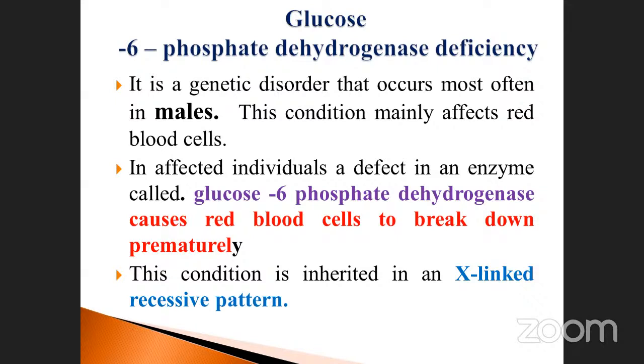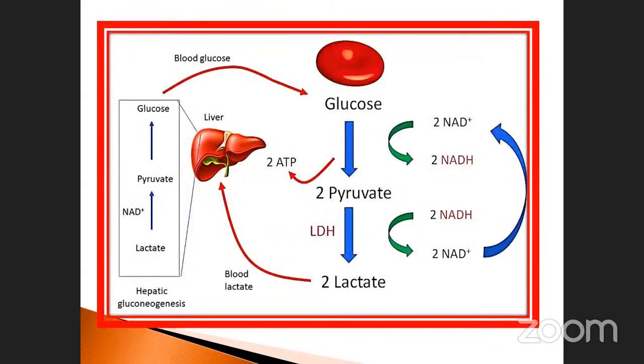Go to the next one. See that one. This is the normal RBC. Glycolysis takes place in the cytoplasm. The blood glucose is converted into pyruvate, isn't it? Again, the pyruvate is converted to lactate by lactate dehydrogenase.